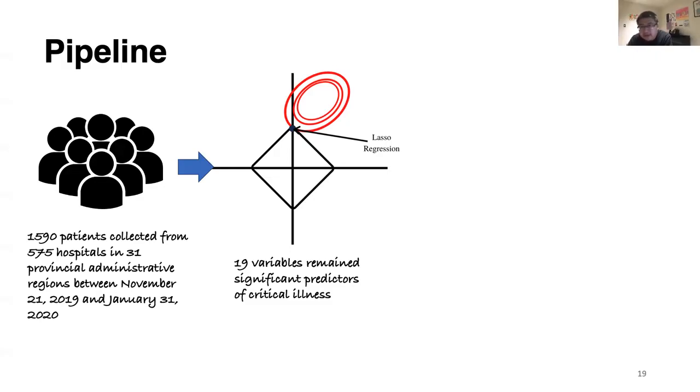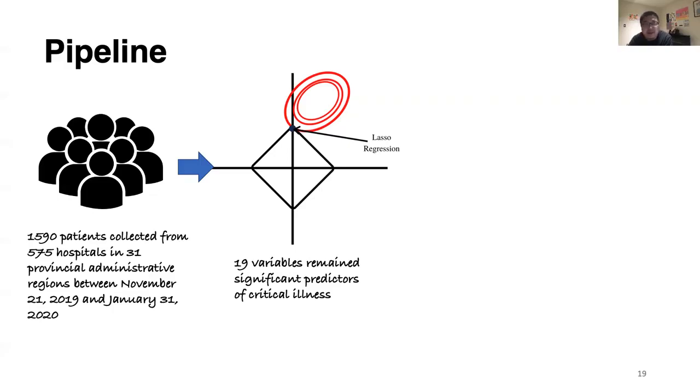They adopted this composite endpoint because admission to ICU, invasive ventilation, and death are all serious outcomes of COVID-19 that have been adopted in prior studies to assess the severity of other serious infectious diseases as well. After that, 72 variables were measured at hospital admission for those patients, including demographics, symptoms, comorbidities, radiology findings, and lab tests.